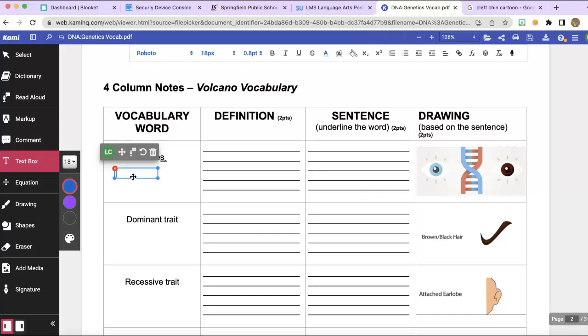Alleles has an S, and you guys know that a word with an S means more than one. Alleles usually come in pairs. There's always two of these. So let's write more than one.